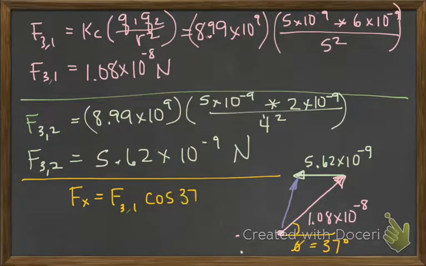Plug in F of 3-1, which is up there in the pink, times cosine 37, and what do you get for an answer? 8.3 times 10 to the negative 9. Close. 8.63. Yep. Okay, times 10 to the negative 9th newtons.